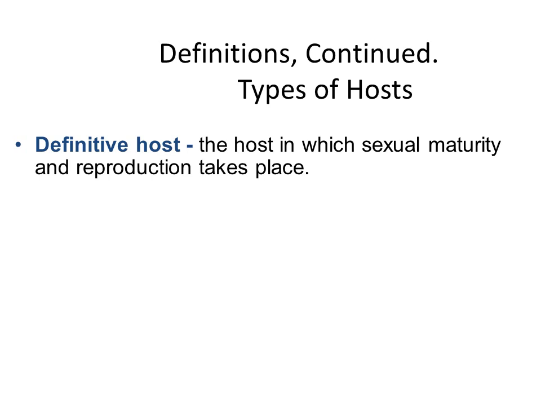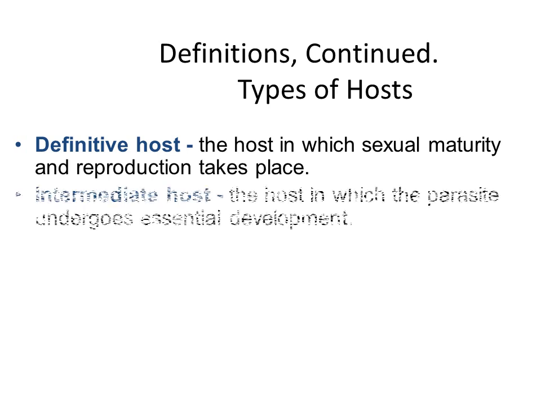Definitive host. This slide shows the types of hosts. Definitive host: the host in which sexual maturity and reproduction take place. Intermediate host: the host in which the parasite undergoes essential development.